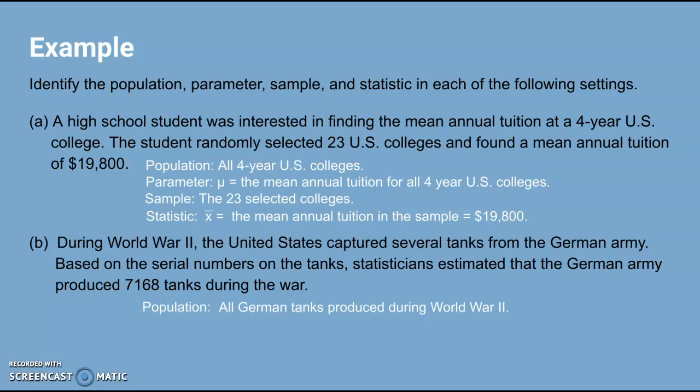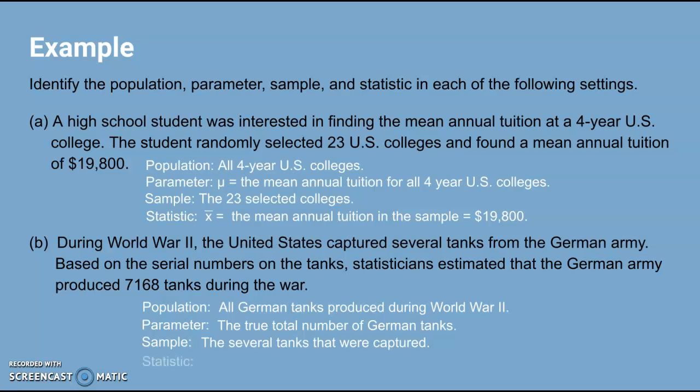That was their population. The parameter that they were trying to find out about was the true total number of German tanks. They took a sample, which was the tanks that they captured, and they estimated the statistic as X equals 7,168 based on their sample.